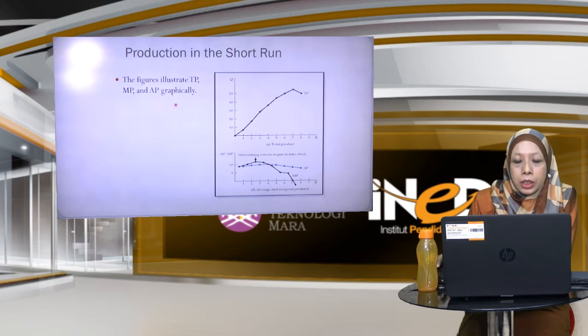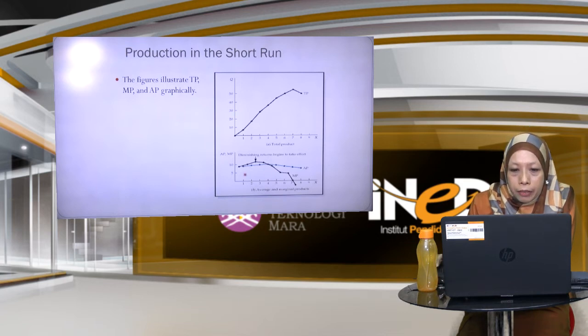As you can see here, the top panel has the curve for total product. For the lower panel, you have the average product represented by the blue curve and the marginal product represented by the black curve.